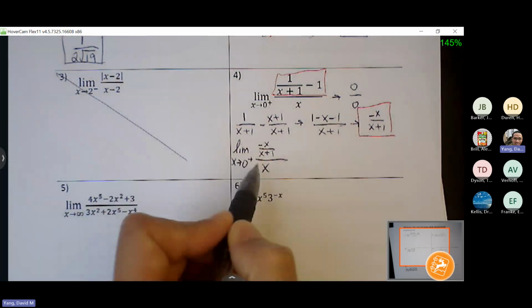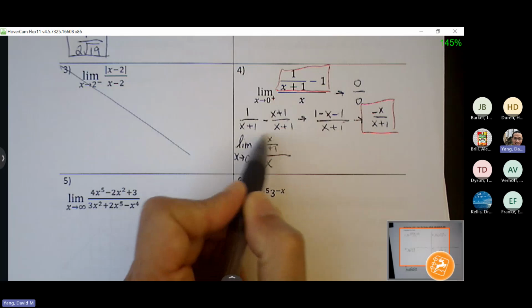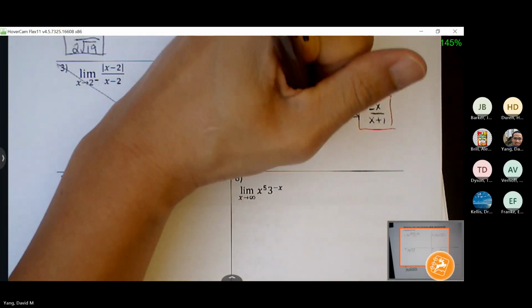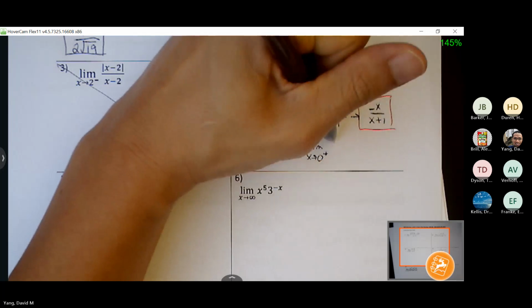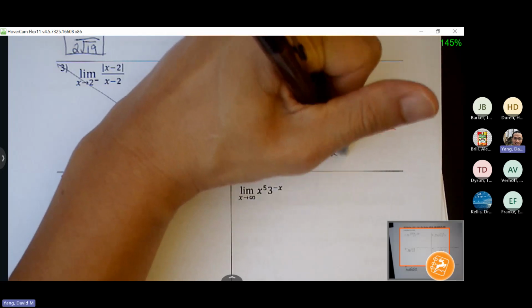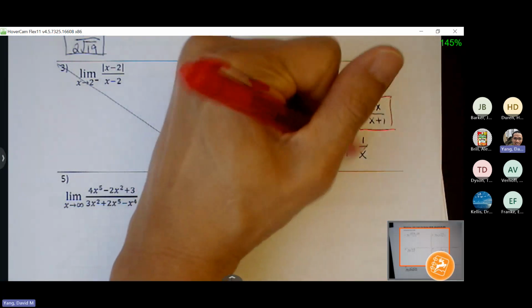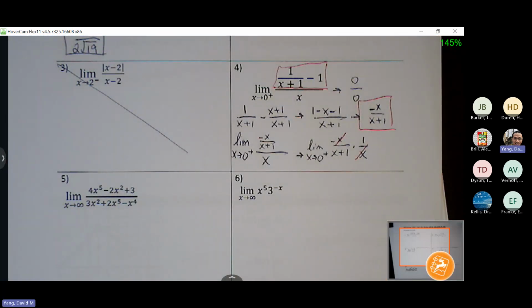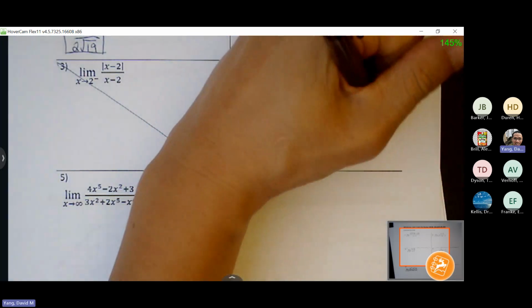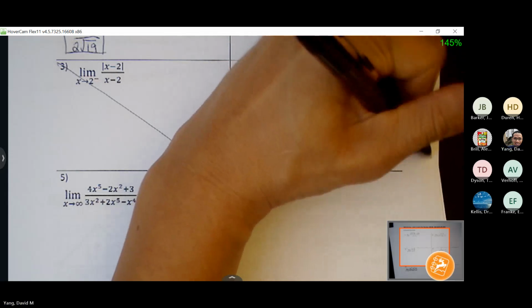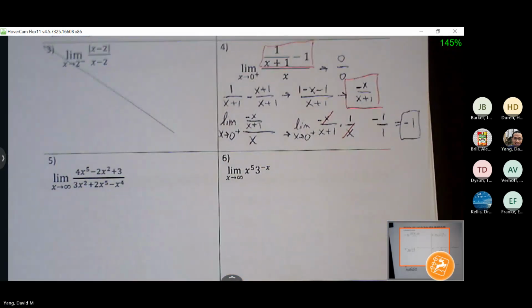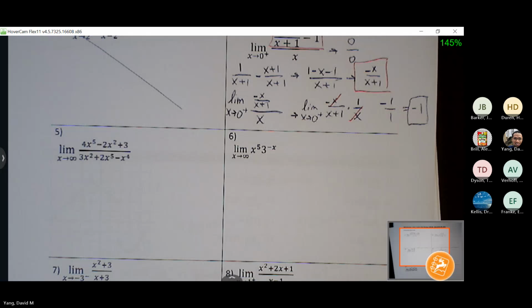So dividing this by x is the same thing as multiplying this by the reciprocal of x, which is just 1 over x. The x's cancel out. Reevaluate our limit. 0 in for x. So we get negative 1 over 1, which is negative 1. Okay, any questions so far?